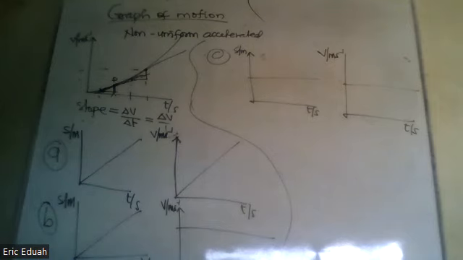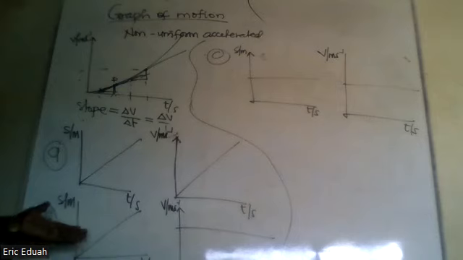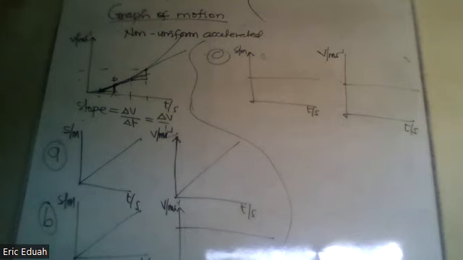This is a uniform graph, meaning that the body is moving with constant or uniform speed throughout. What will you say about the acceleration of the body here? Then the body has zero acceleration.